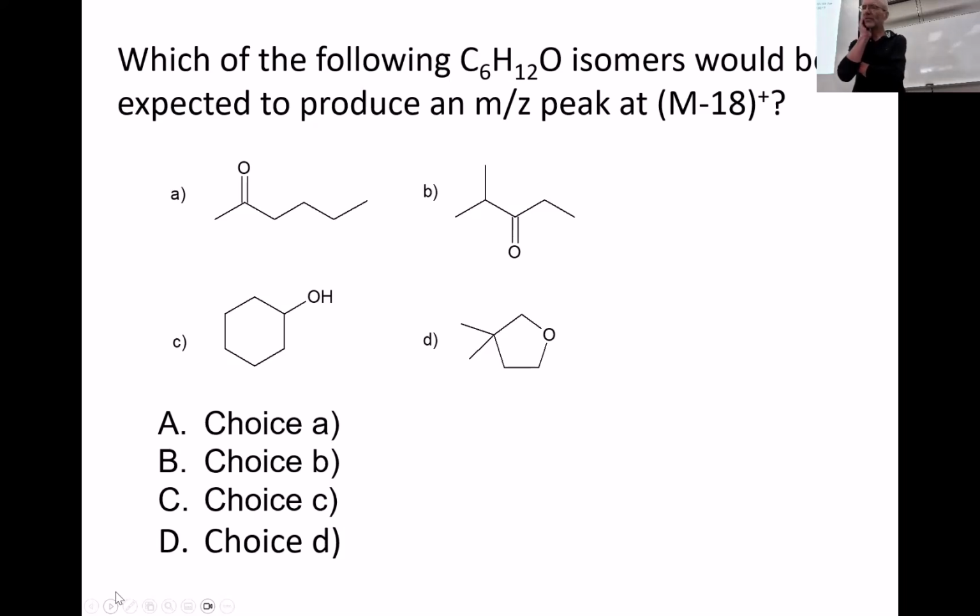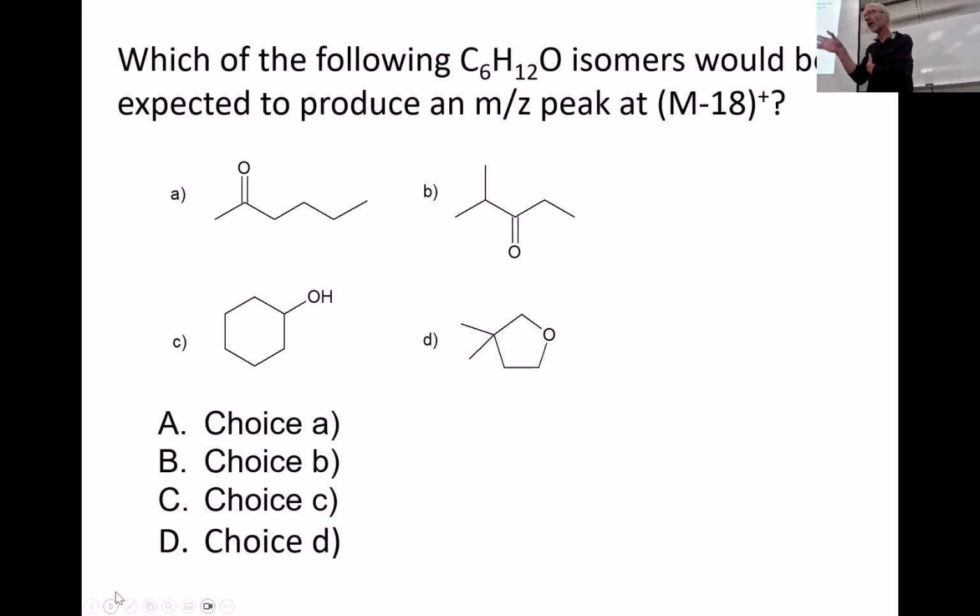Before I open up the question, I ask you, look at that formula again, please. So if I can get your eyes for a second. Look at that formula, C6H12O. If it was a typical alkane, what would the formula be? For 6 carbons, C6H14, right?